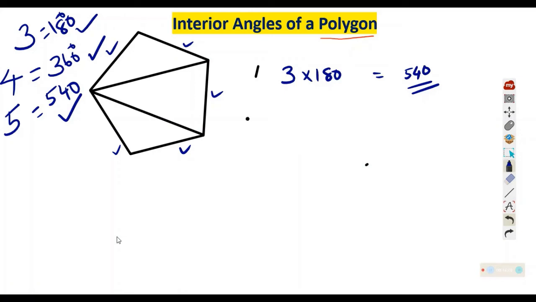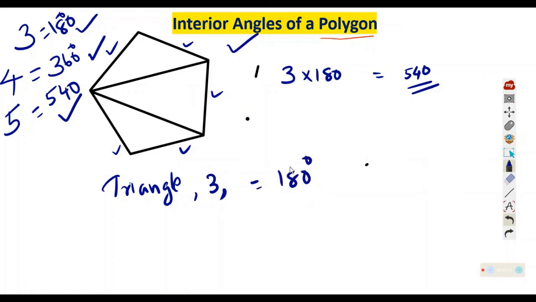Okay. Some equation can be developed. The basic understanding is that a triangle, which is three-sided, has interior angles always 180. This is our knowledge. 180 and 180, 360, 540.